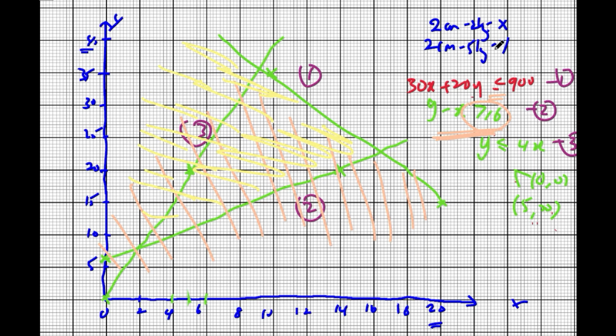Then the third one, smaller than the graph, means below. Number 3 should be below. So we see here, we satisfy here. This is the point which intersects the 3 lines. So yeah, this is the shaded region.